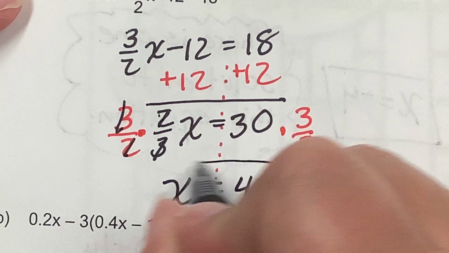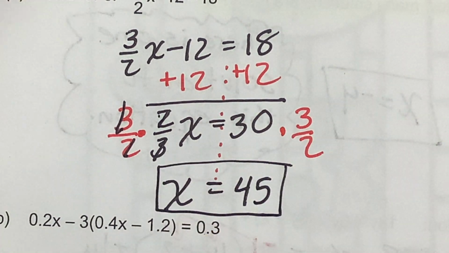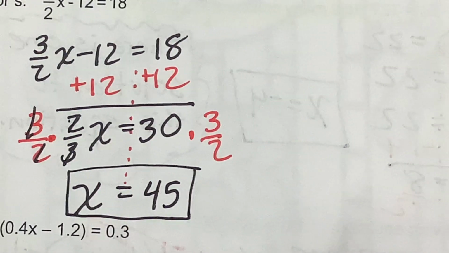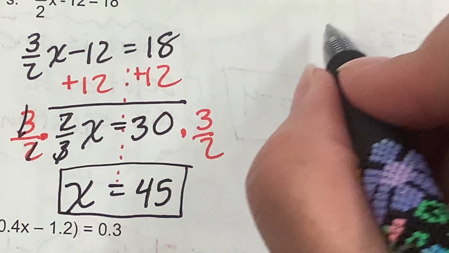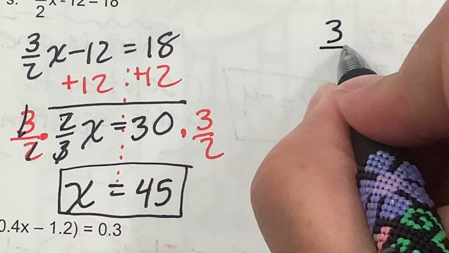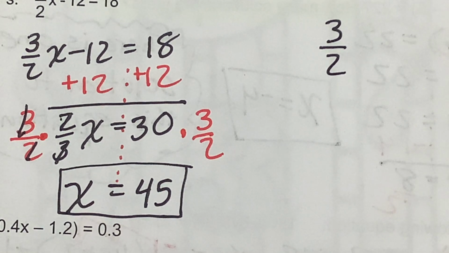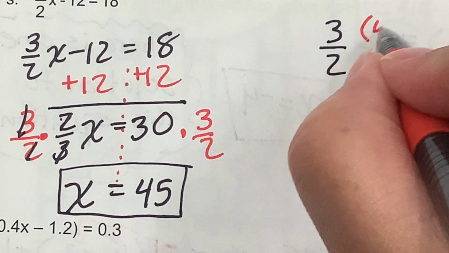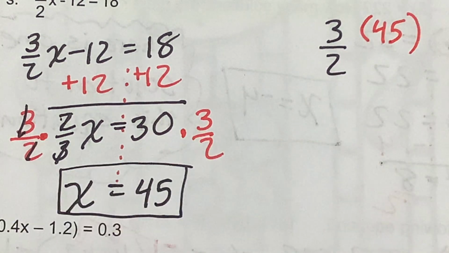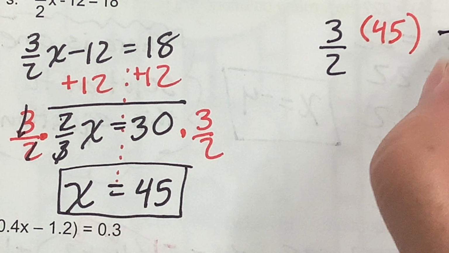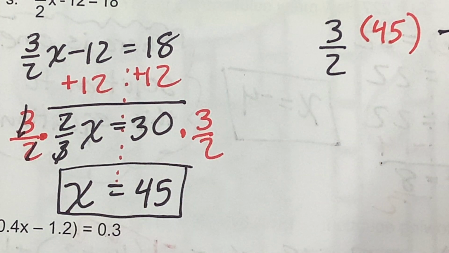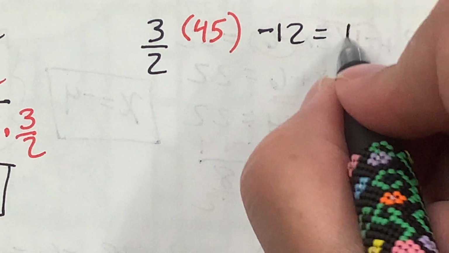So now I have x equals 45 as my answer. Now I got to check it because it tells me to. How do you check it? You rewrite the problem, 3 over 2, and you substitute the answer you got, 45, where the x is, minus 12 equals 18.